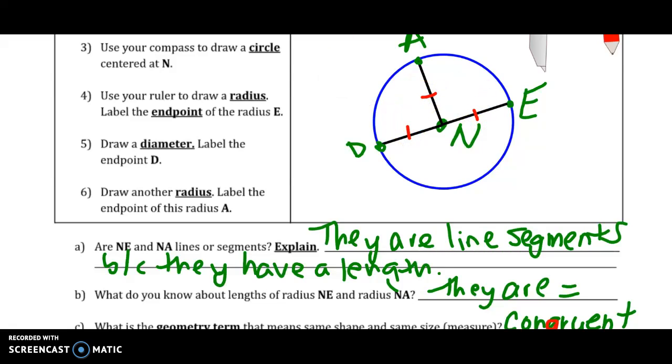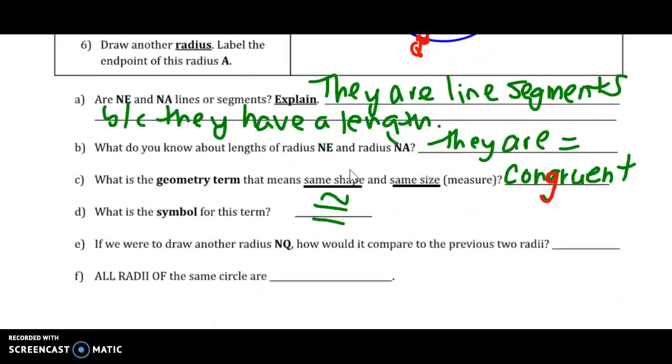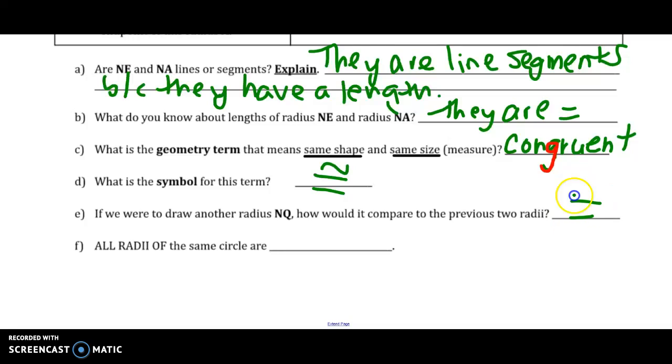They are all congruent to one another. Remember that those little dashes mean congruent. So if I were to draw another radius and label that endpoint Q, that radius would also be congruent to the previous two radii. So all radii of the same circle, radii is the plural for radius, are congruent or equal to one another.